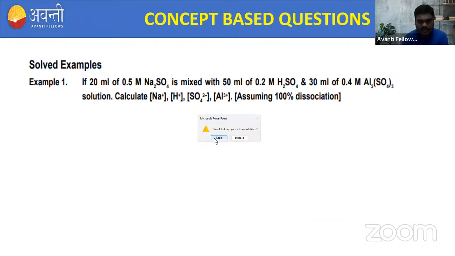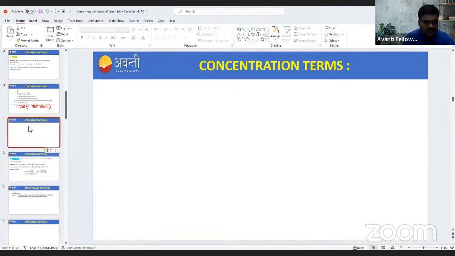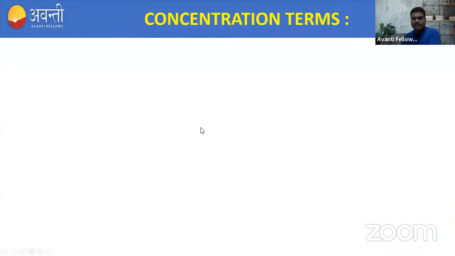Let's see if the two solutions have volume, for example, let us consider a solution number one, right?